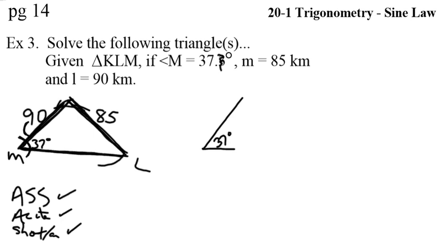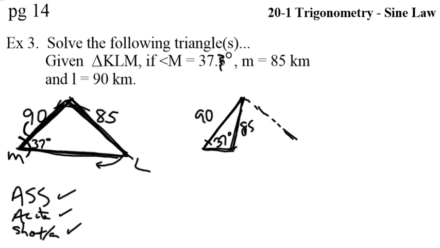I have to swing it over this way, otherwise I'll change the 90. So my 85, instead of being out here, would swing down like that. So that's roughly what it would be. And there's my 85. Still have the 90, still have the 37, but instead of having the 85 out to the right, it's now swinging in to the left a little bit.